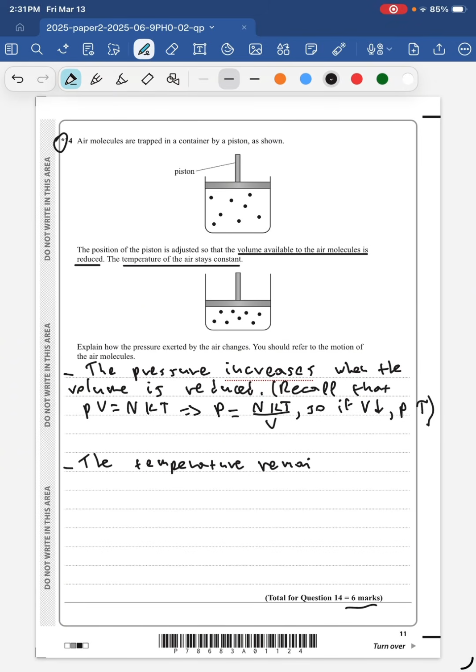Okay, so the average speed of the air molecules remains the same.